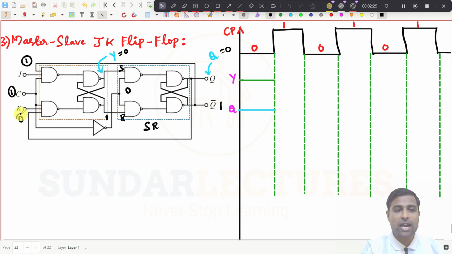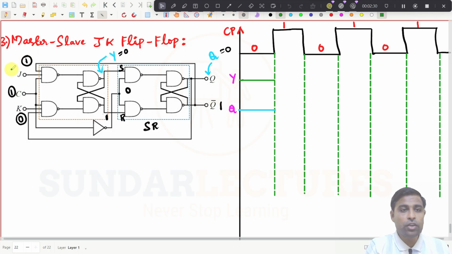Now what I am going to do is give J equal to 1 and K equal to 1. So what happens now? J is equal to 1, K is equal to 1, and the clock pulse is 1 here. Whatever the previous state you have here will be inverted.